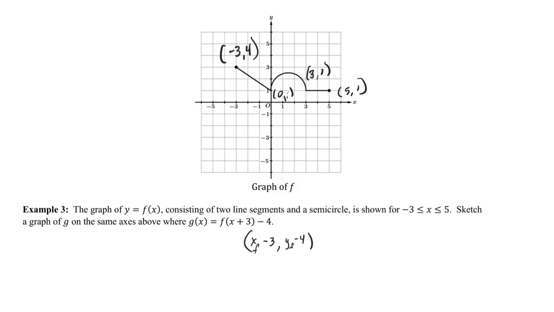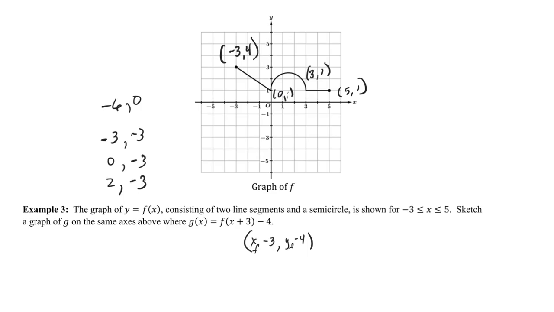So I'm going to subtract 3 from all the x values. That's going to give me negative 6, negative 3, 0, and 2. And then I'm going to subtract 4 from all of the y values. That's going to give me 0, negative 3, negative 3, and negative 3.